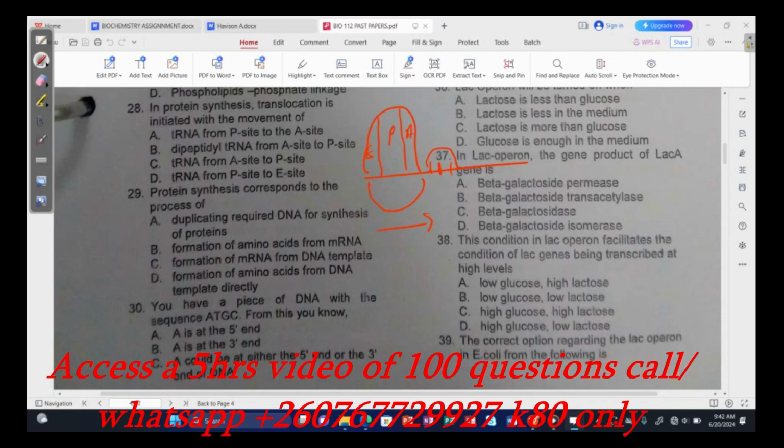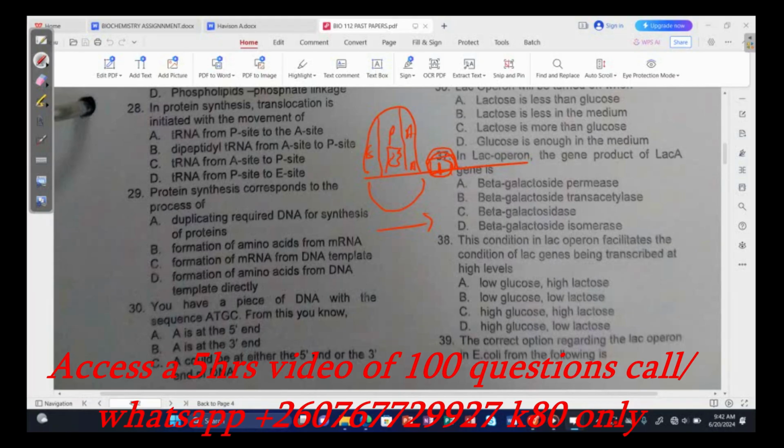So when it moves one codon forward, this codon will find itself in the A site. In the P site, in this case, we're going to have a tRNA. This tRNA has delivered an amino acid, so it becomes uncharged. Hence, it has now to leave through the exit site. So when translocation takes place, the A site is going to find itself on the next codon. Then what was in the A site will be in the P site.